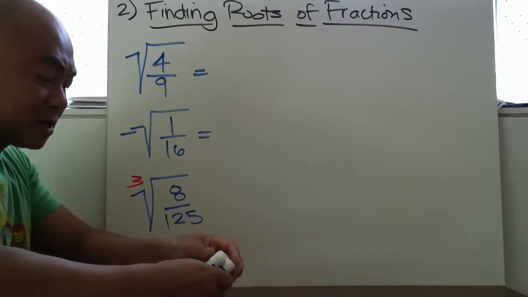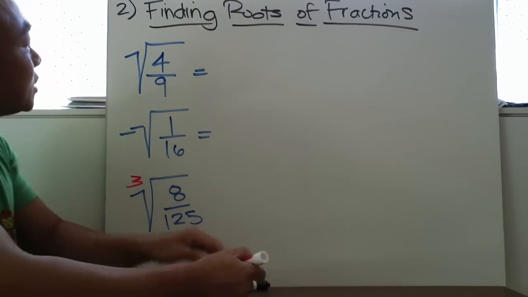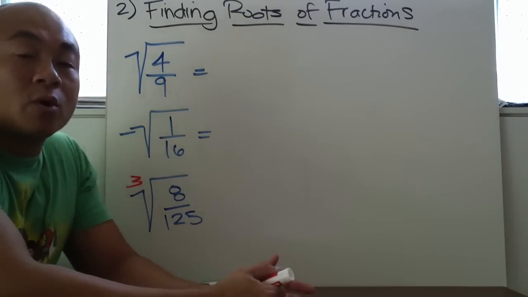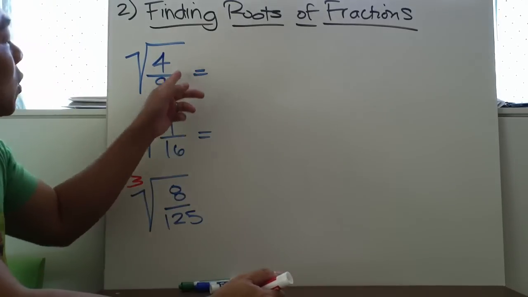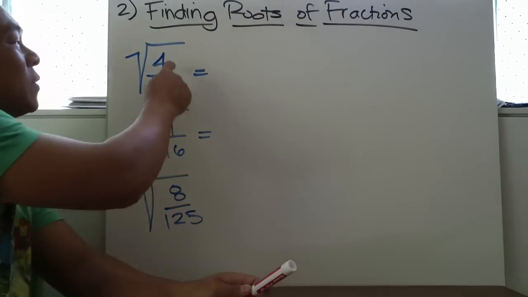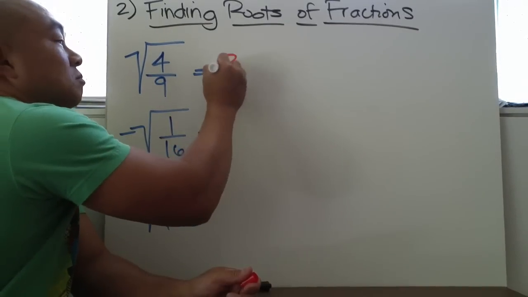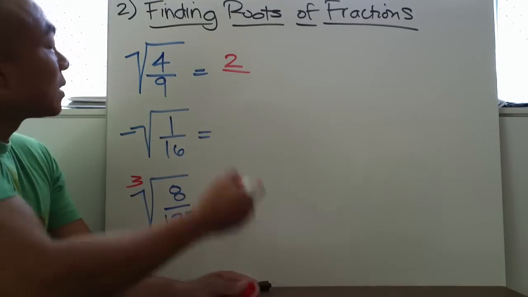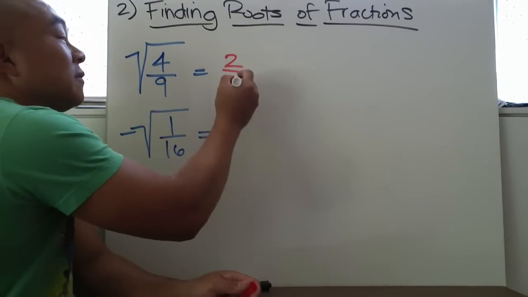Alright, our next thing that we're going to talk about is roots of fractions. We're going to find roots of fractions. So here, again, you're going to think about what number, when you multiply it by itself, is going to give you 4 and 9. So if you think about 4, 2 times 2 is going to give us that 4. And think about the 9. That would be 3. 3 times 3 is going to give us 9.